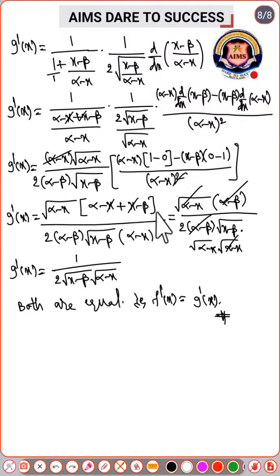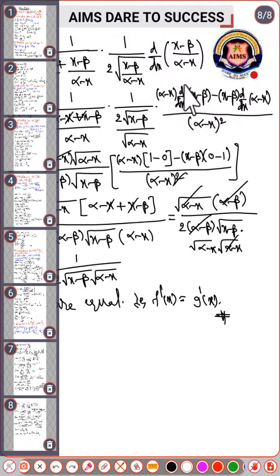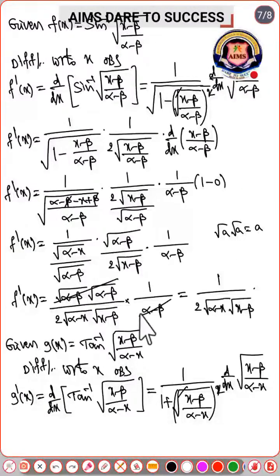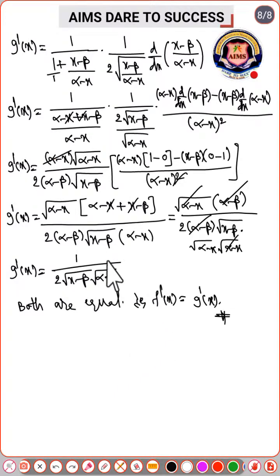Similarly g dash of x, related to g of x, tan inverse of x minus beta by alpha minus x, also both answers we got same to same. Okay, what did you observe? f dash of x by g dash of x, if you do it, then they are equal to 1.